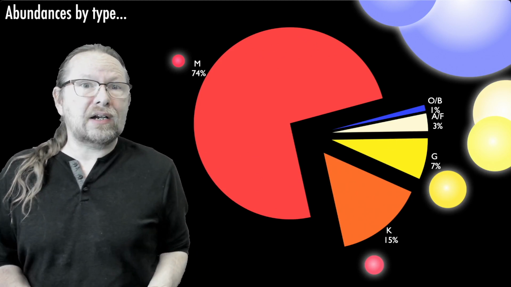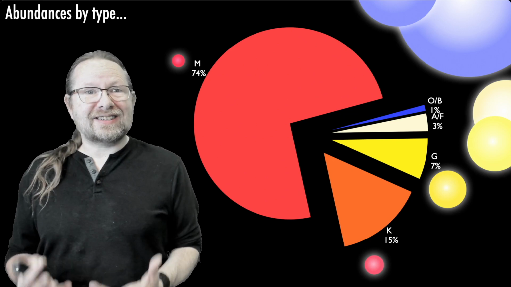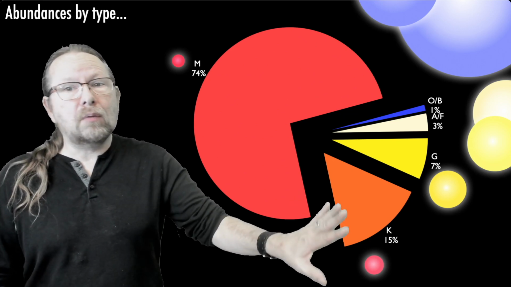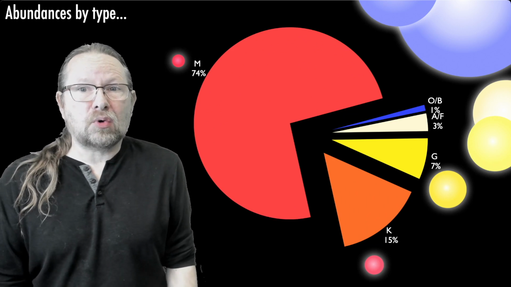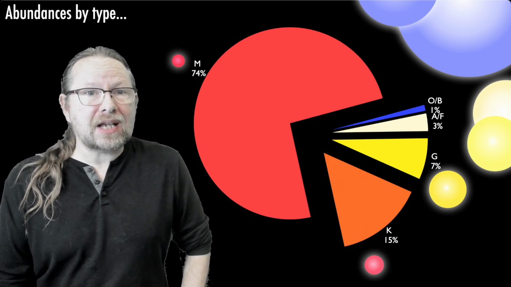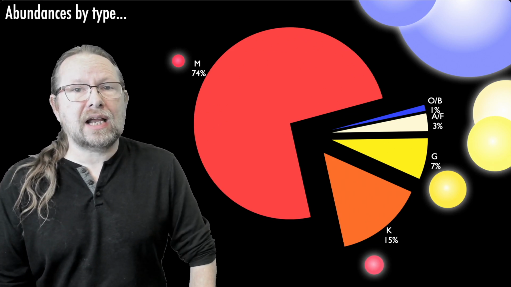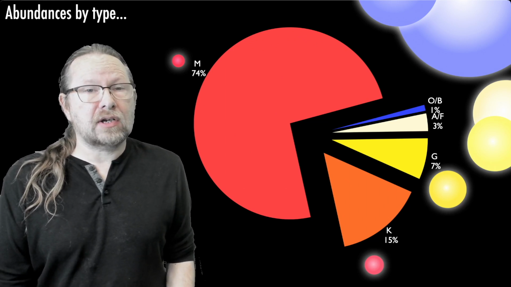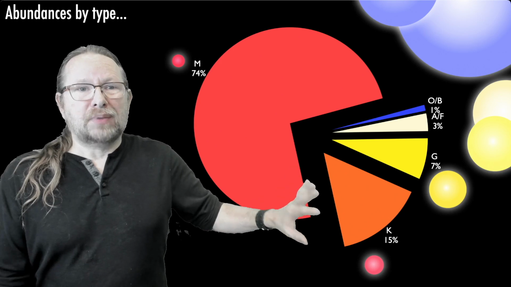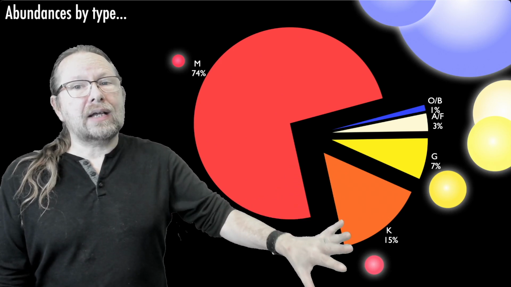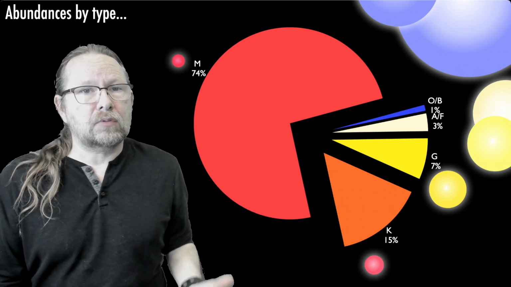So if we constrain ourselves to looking at only sun-like stars, we will miss between 3/4 and 90% of the stars in the galaxy. So it's worth asking ourselves, can we imagine habitable planetary systems around K-type or M-type dwarf stars?